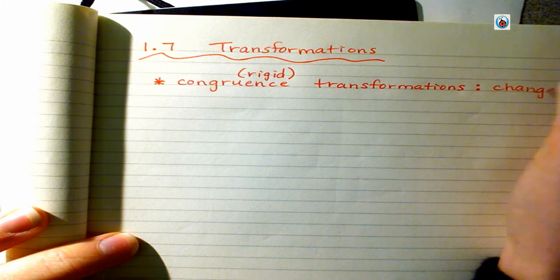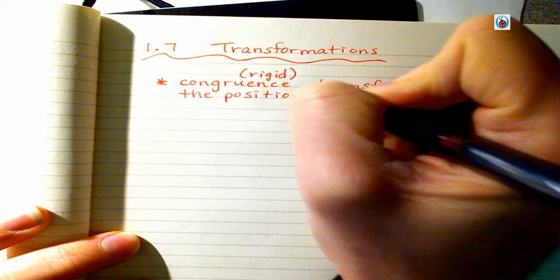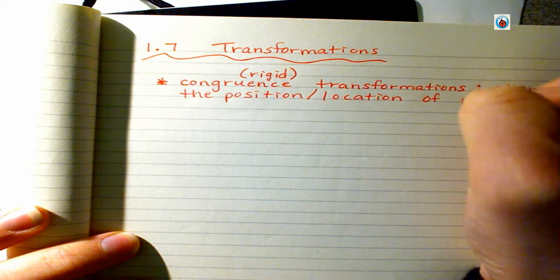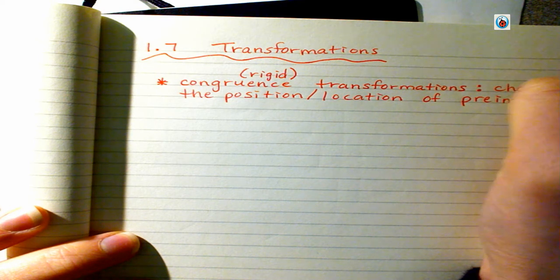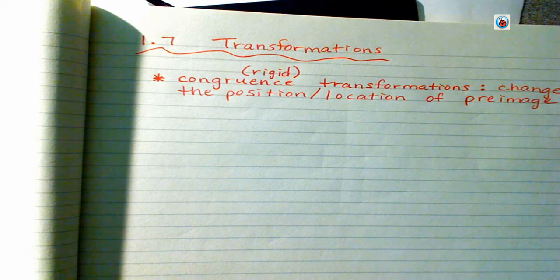We'll do that because we're going to change the position or location of what is called a pre-image, which is just the polygon that you're going to have graphed on some coordinate plane.